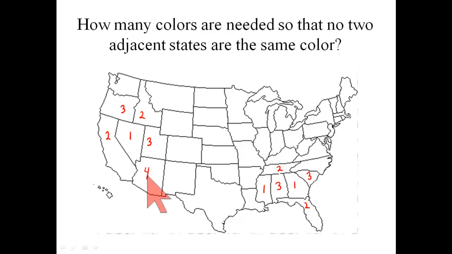color number 4. So I'd be very surprised and suspicious if you managed to color the United States map with less than 4 colors. And I think if you work hard enough at it, you can do it with 4 colors. In fact, I know that you can do it with 4 colors.